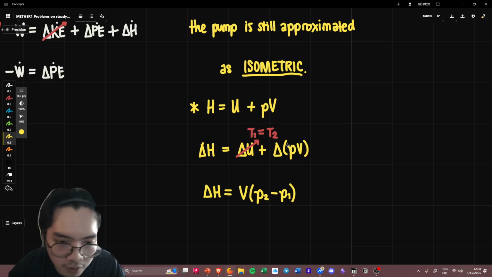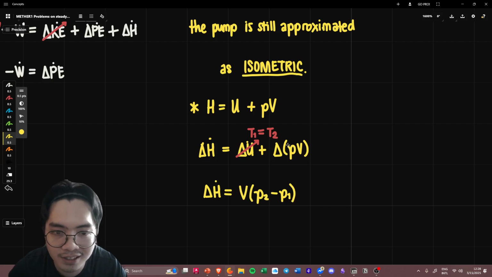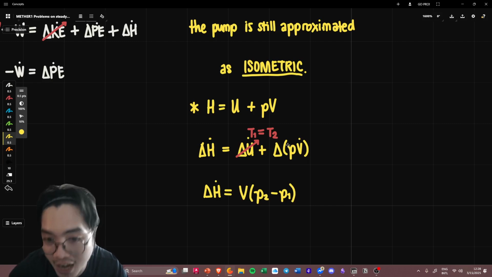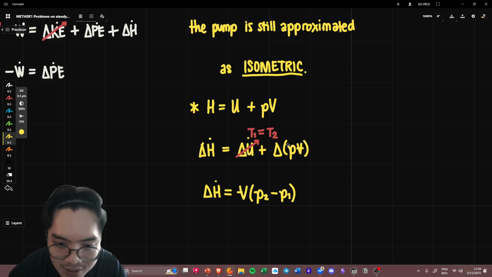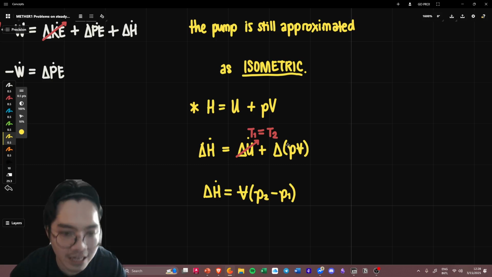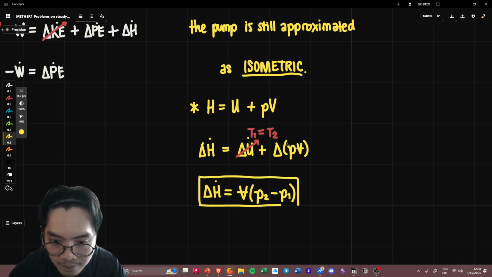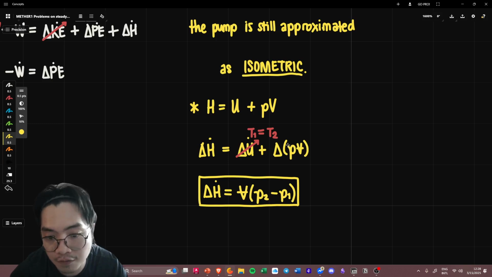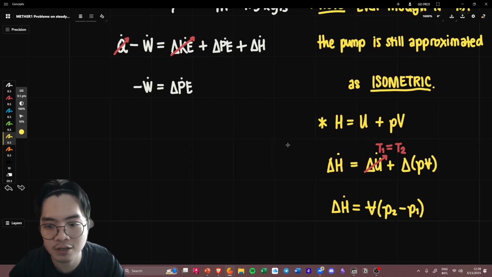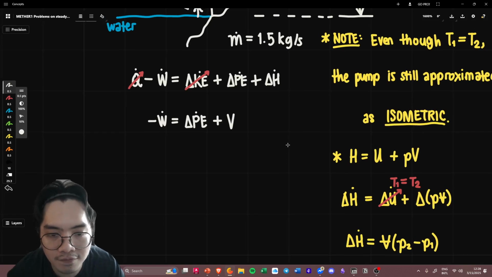And if you put all of the flow rates in, there should be a dot, oh sorry, this should be a V slash. That is your equation for enthalpy. Your change in enthalpy should be plus V slash times P2 minus P1.